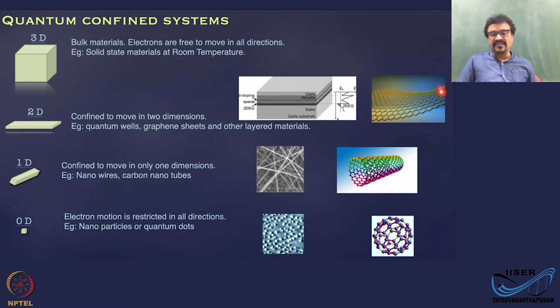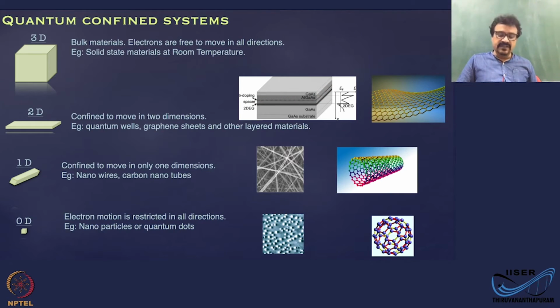One of the most popular examples is a sheet of a two-dimensional layered system such as graphene, and there are also bulk two-dimensional systems. When I say bulk, what that means is the material as a whole is a three-dimensional system, but the electron is confined to move in a small area, in a small region between the interface of two different materials.